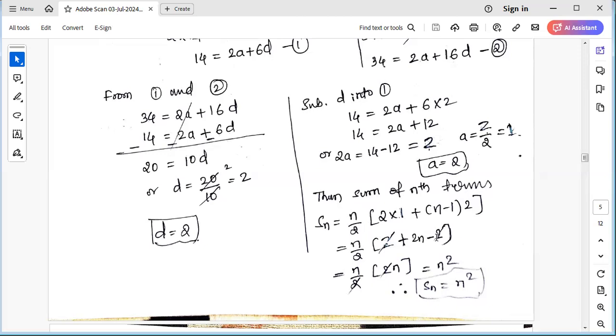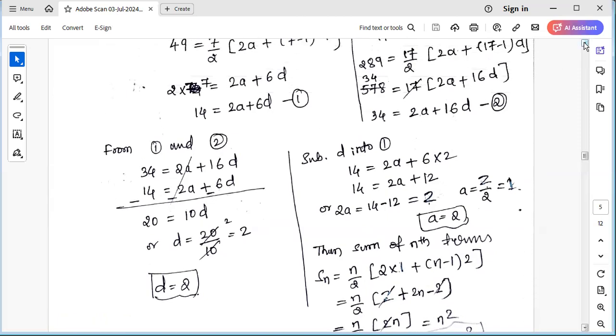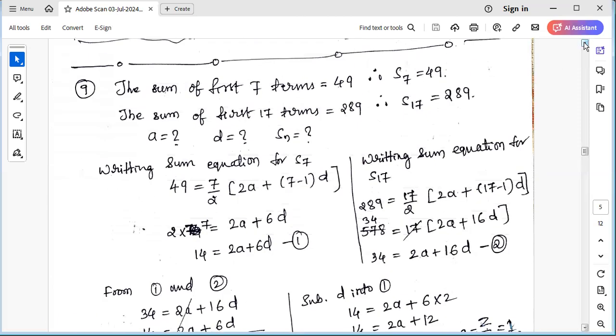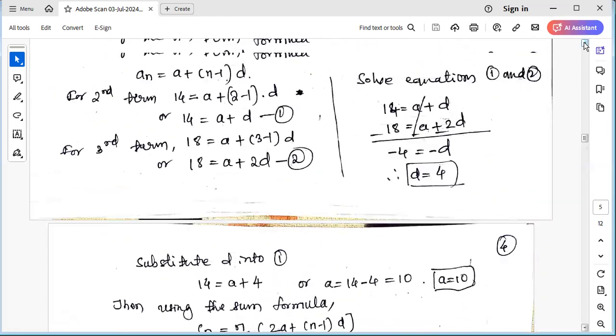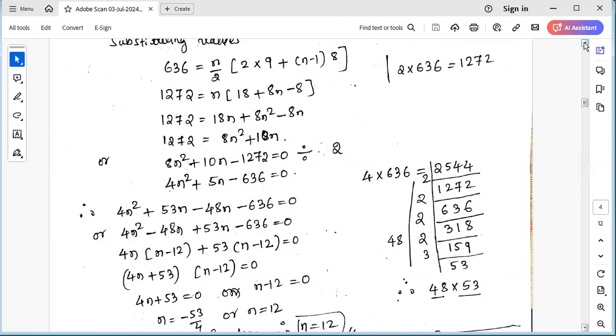So this 2 gets cancelled. This is equal to n by 2 into 2n. 2n is left. You cancel out this 2 and this 2. Here n and n, n into n is multiplied, so it becomes n square. That means Sn is equal to n square. So in this way, we solved this problem. We obtained the sum as well as the common difference. So problem number 9 is solved.